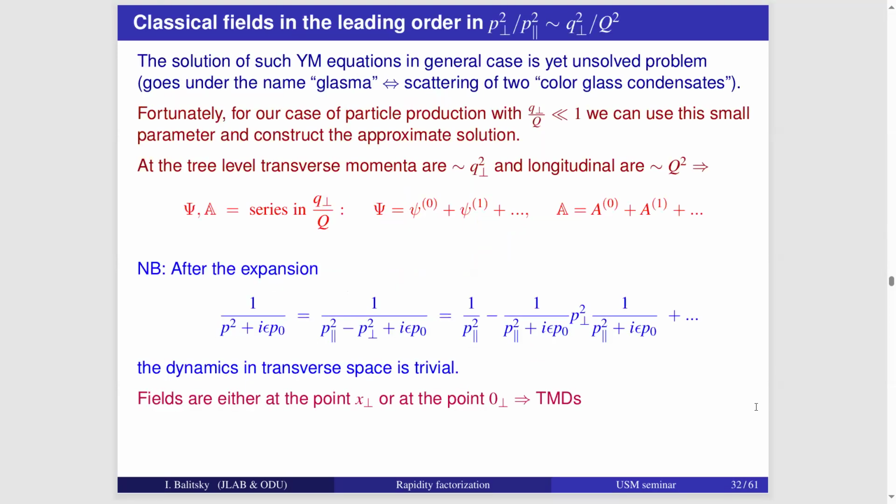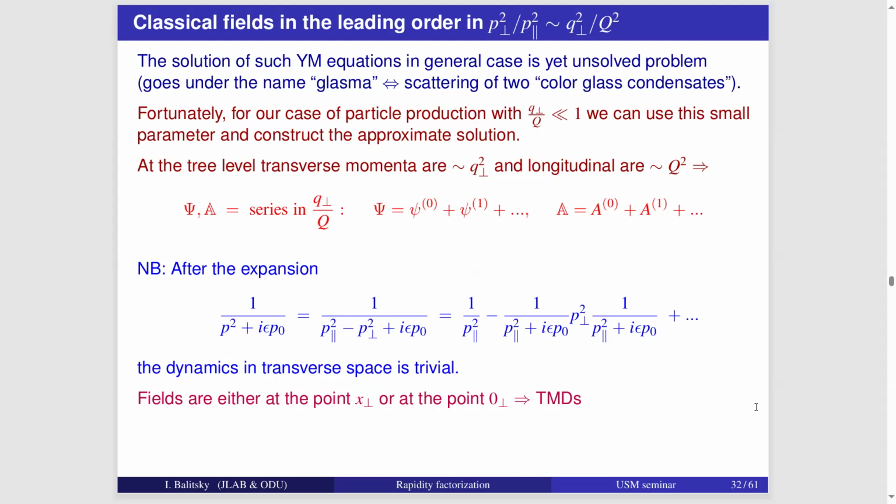But there is one important thing. The solution of such Yang-Mills equations in the general case is an unsolved problem, which goes under the name of scattering of two color glass condensates. What do I mean by the general case? You have a situation when the projectile and target collide, and something happens, and at the beginning of the collision you have a new classical field.